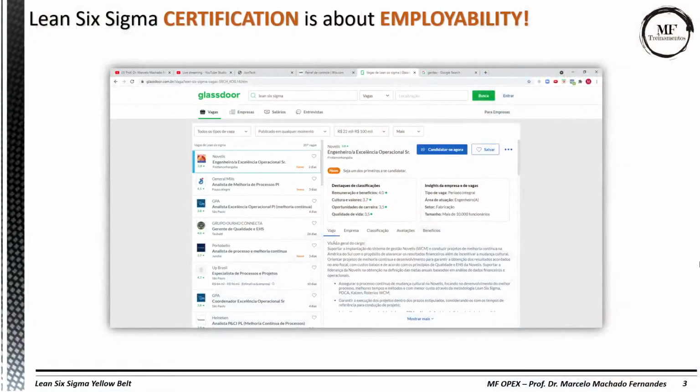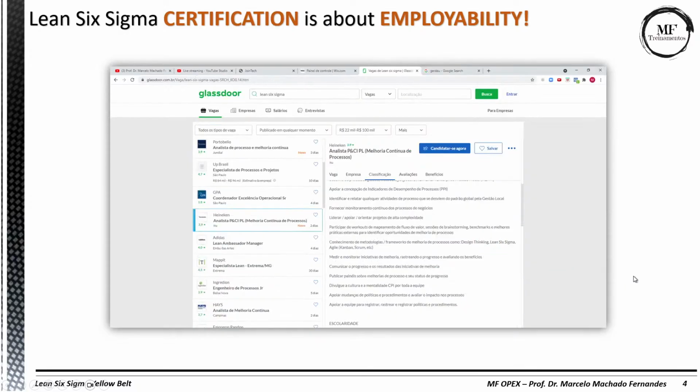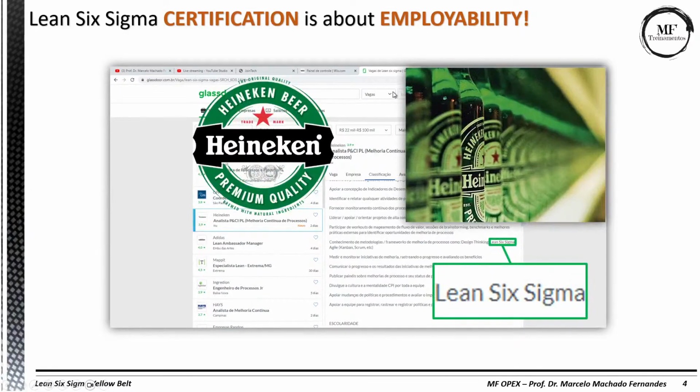What's the final benefit of learning Lean Six Sigma? So take a look. Many companies are looking for professionals that know about Lean Six Sigma. For example, Novelis, I'm talking about aluminum rolling. We have Heineken, a completely different segment.